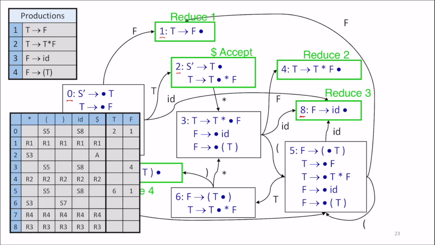And whenever there's a transition on a non-terminal, I put it on the Goto table. So this is the action table. This is the Goto table. And notice that this table is exactly the table that we used in order to do the shift-reduce parsing before. Given this table, we know how to do shift-reduce parsing.